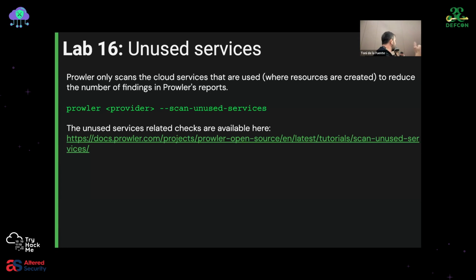So we check if those instances or VPCs or services are not in use, and even if they are not well configured, we don't tell you anything. But if you want to see everything, including those services, you can scan unused services as well. That is going to take longer as well. Okay.